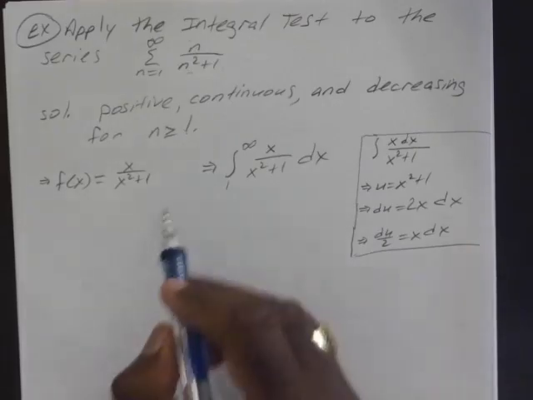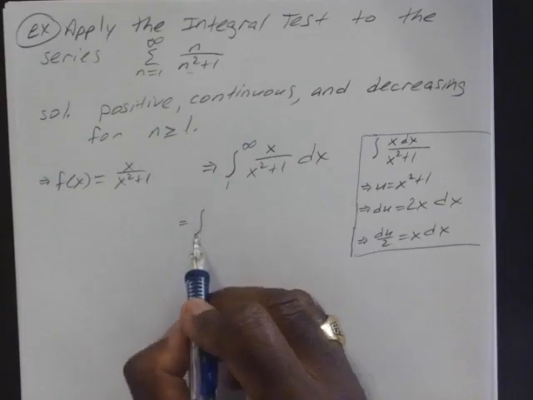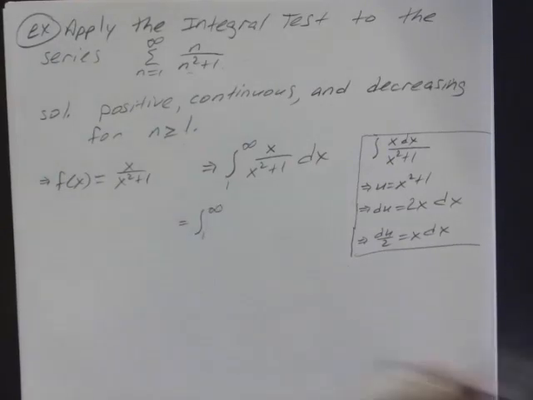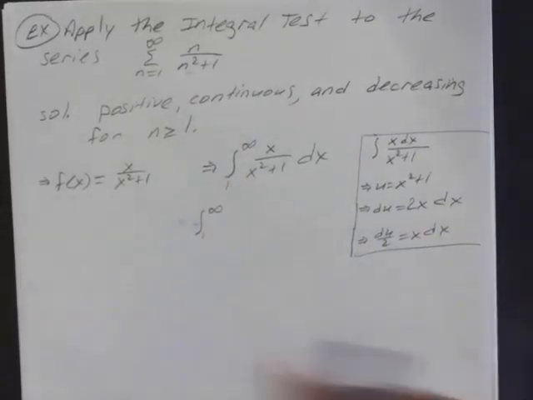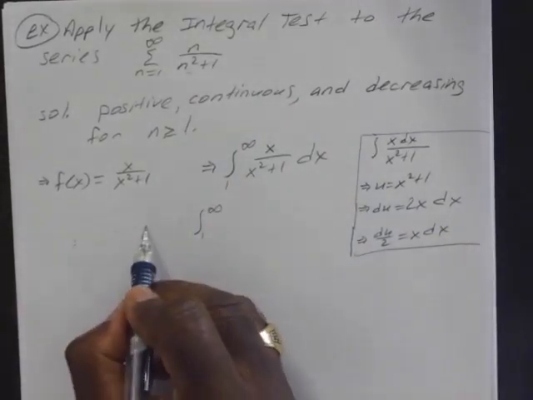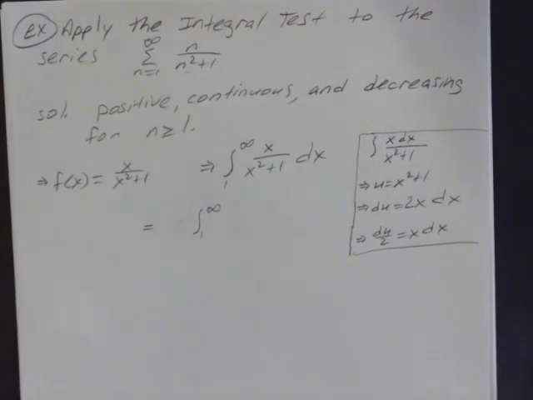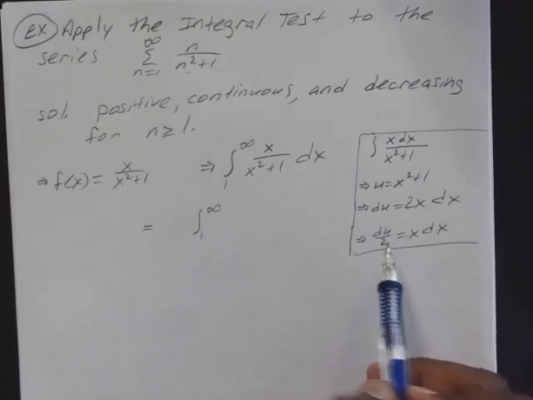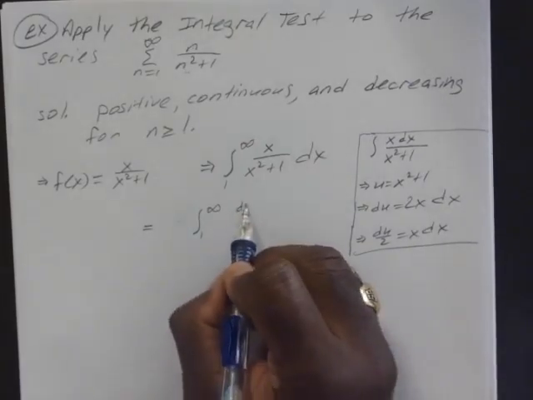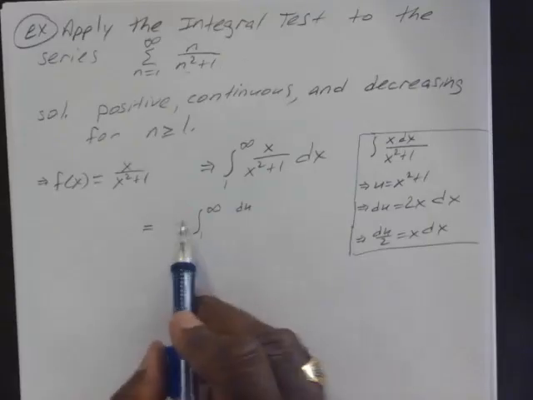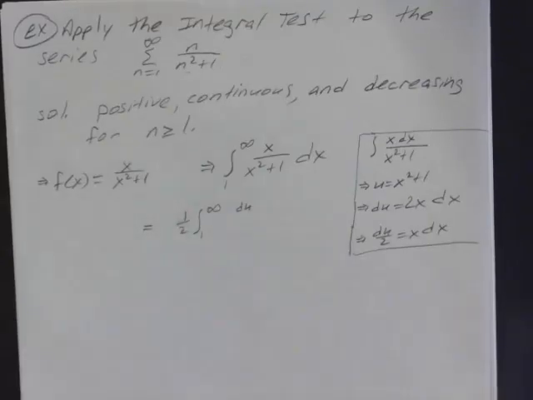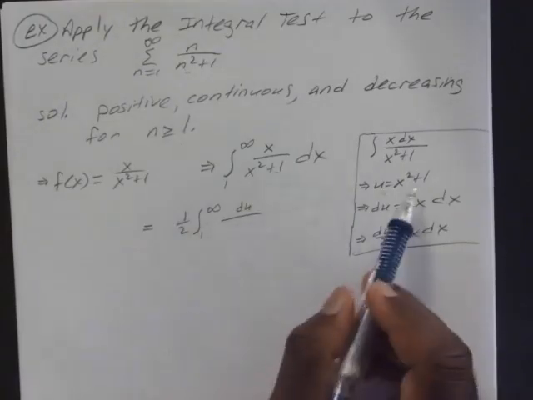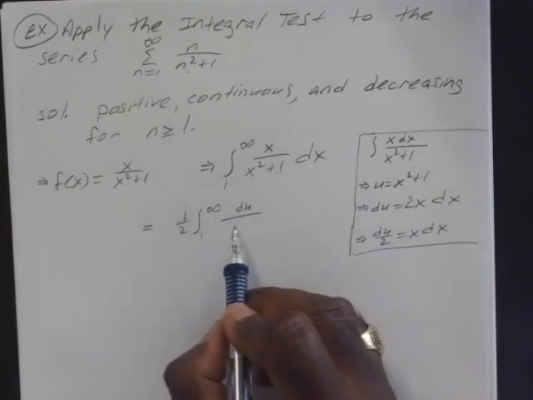Okay, so that means we end up with the integral from 1 to infinity. That x dx just turns into du over 2, and that 1/2 we can just factor right out to the front, divided by x squared plus 1, which is our u.